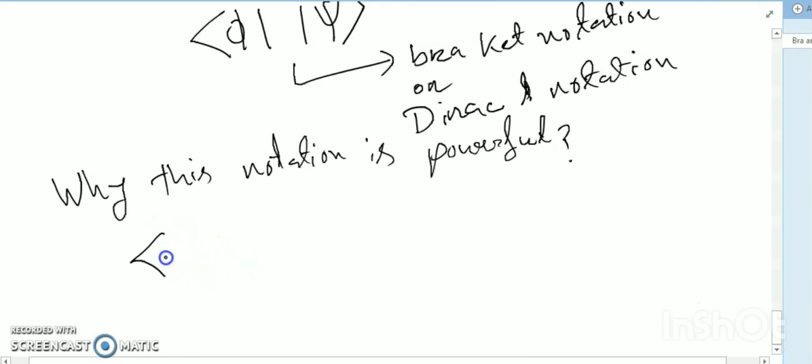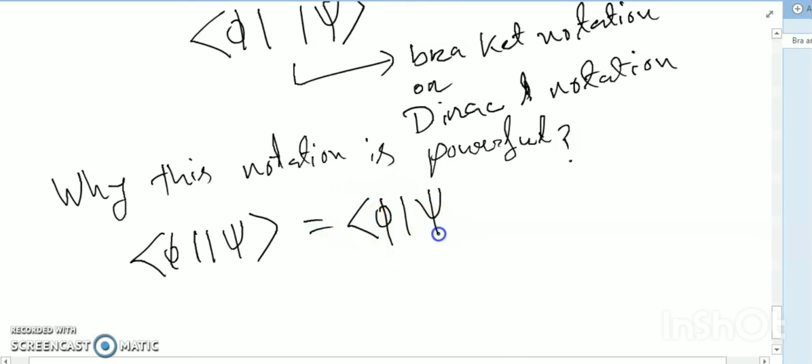Now this equals phi psi. Bra-ket notation makes their connection absolutely seamless. The Riesz representation theorem is working hard behind the scenes.